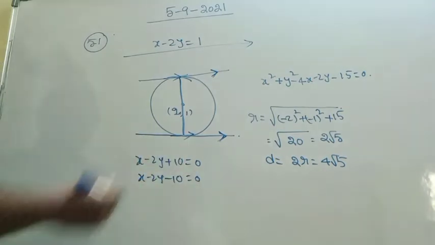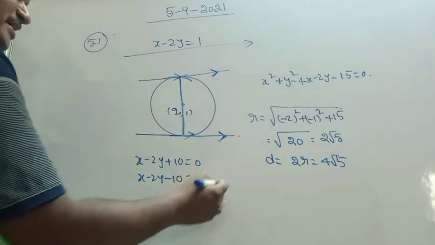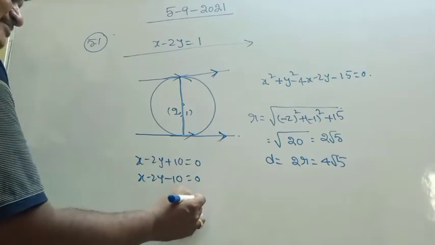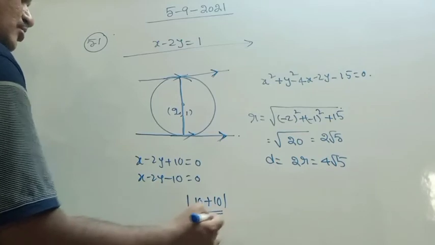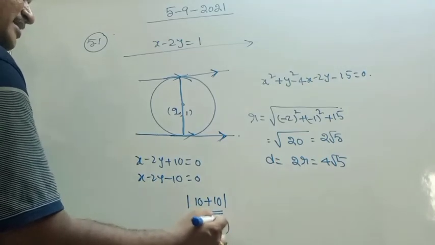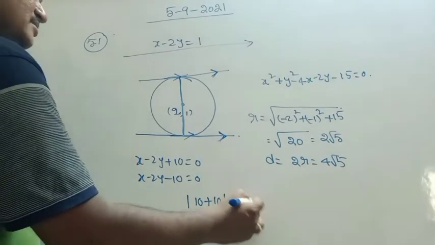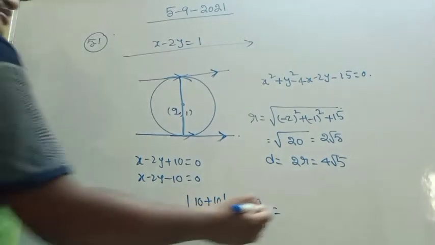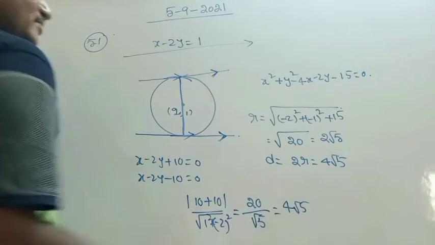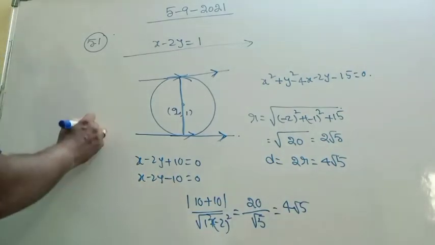The distance between these two parallel lines is c1 minus c2 divided by root over 1 square plus minus 2 square. This is 20 by root 5, which is 4 root 5. Therefore, option B is correct.